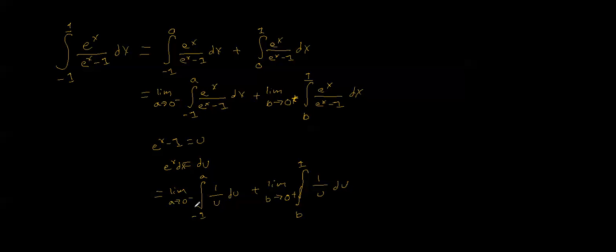And then when we solve these integrals, we have the limit as a approaches 0 from the negative direction of ln of the absolute value of u evaluated from -1 to a, plus the limit as b approaches 0 from the positive direction of ln of the absolute value of u evaluated from b to 1.